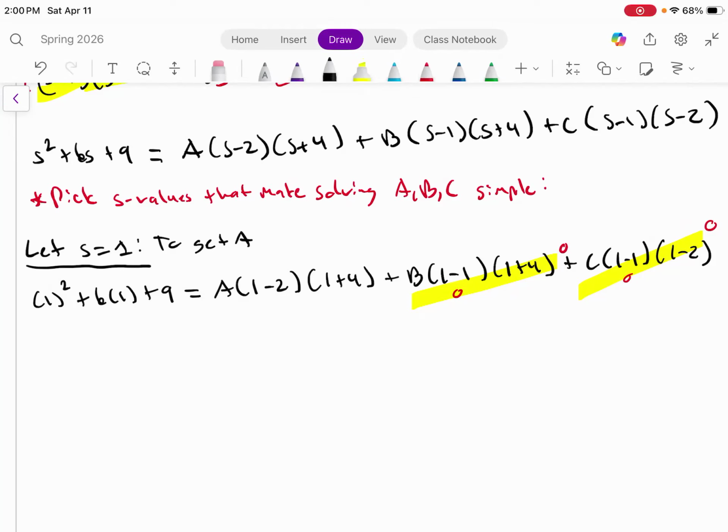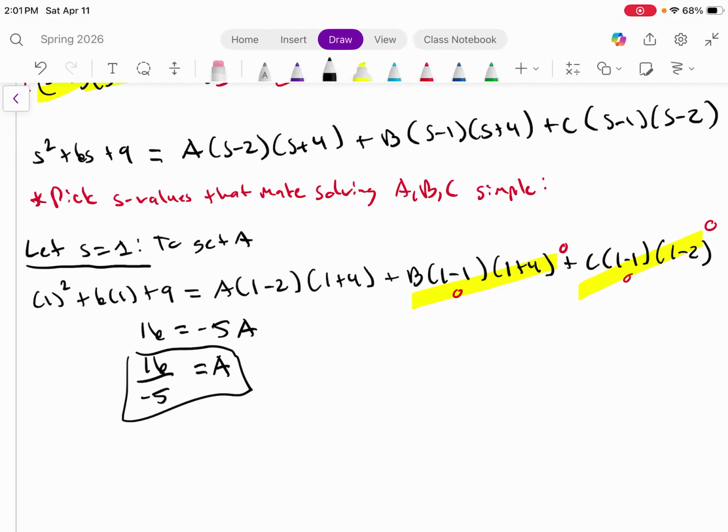On the left-hand side, 1 squared plus 6 plus 9 is 16. And A times negative 1 times 5 is negative 5A. We could say plus 0 if you want, but it's unnecessary. Dividing by negative 5 on both sides, I get 16 over negative 5.